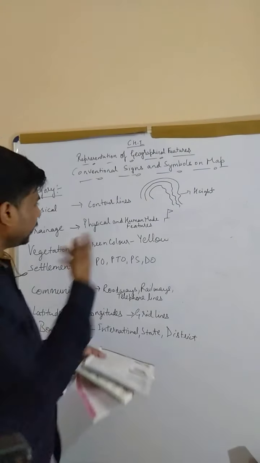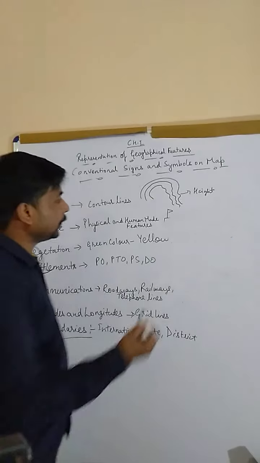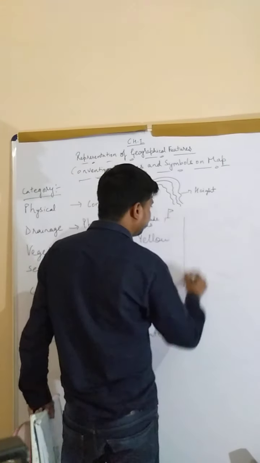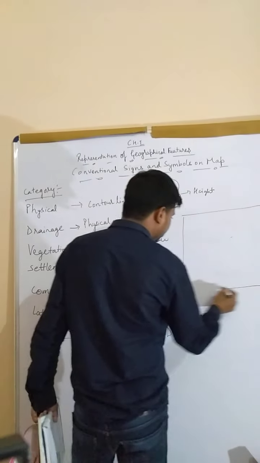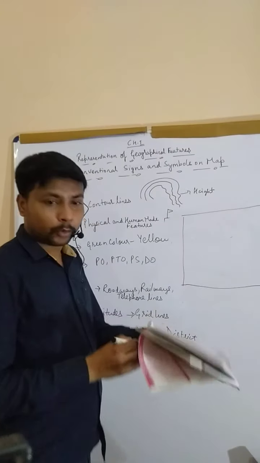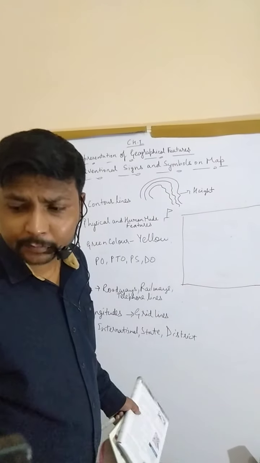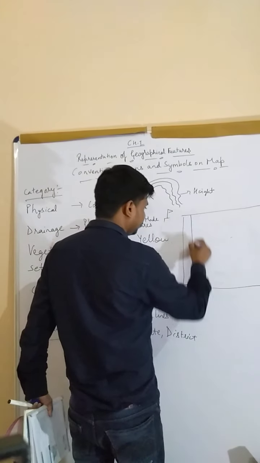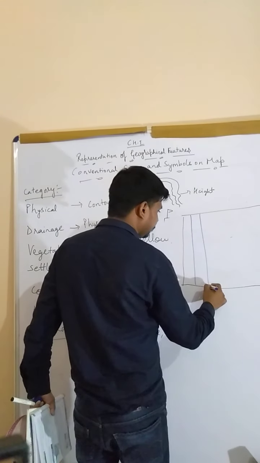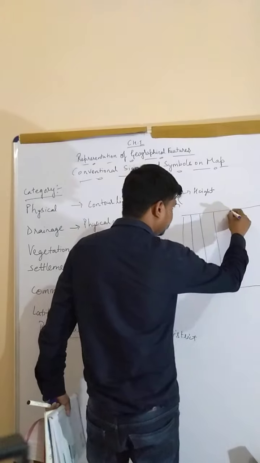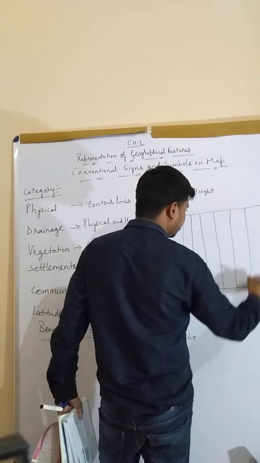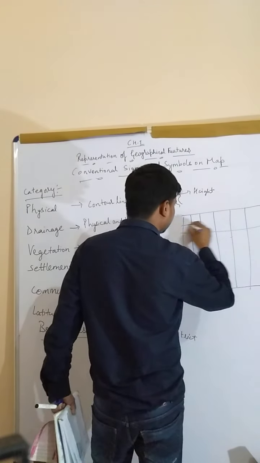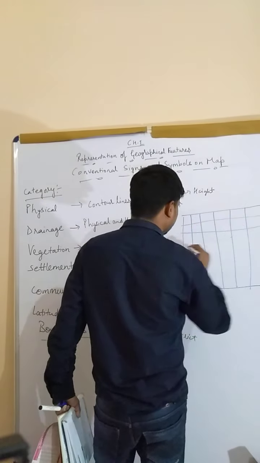What they used to do in latitude and longitudes is, you have seen a map with the intersection of lines, right? That I told you in the previous class, and you have seen some maps which have the intersection of lines like this. Okay, have you got it?